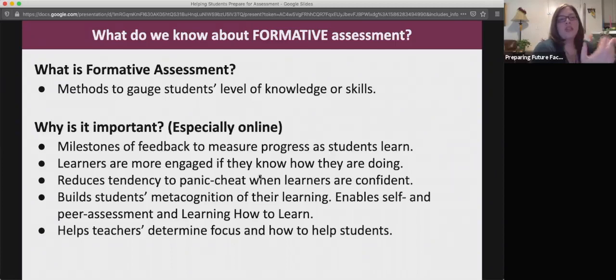So when we do formative assessment, it's very important, especially as we've moved into the online sphere, because it does create milestones for learners to gauge their progress over the course of a class. It lets them know how they are doing, and when students know how they are doing, where they are, when they know what they need to work on, they become more engaged.